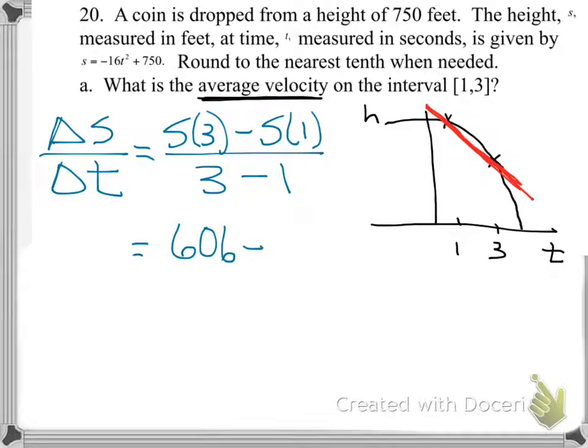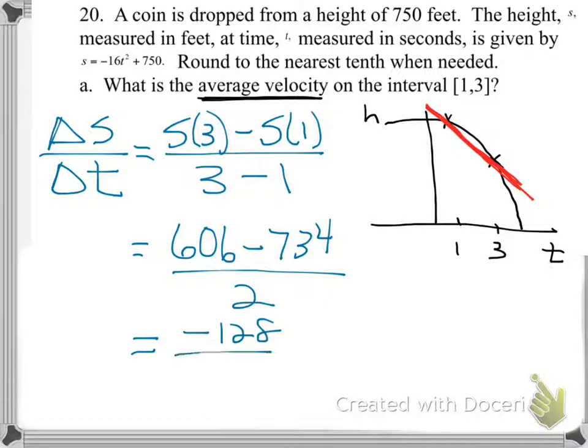When you plug in the 1, you should get 734. And then 3 minus 1 is 2. So that's going to be a negative 128 over 2, which gives me a negative 64. Again, I give you units, give them back to me, feet per second.